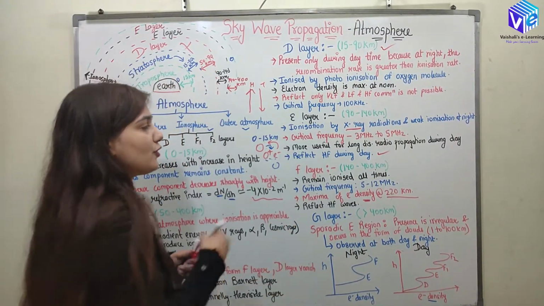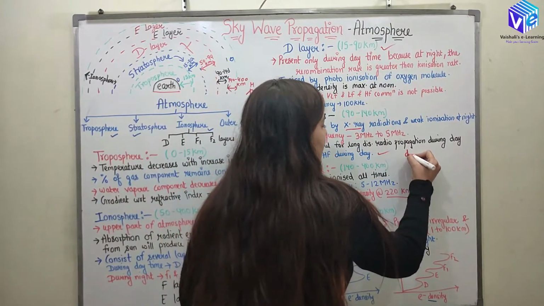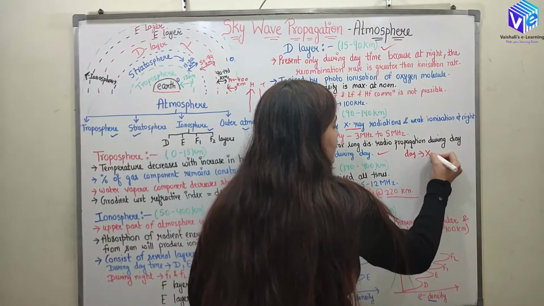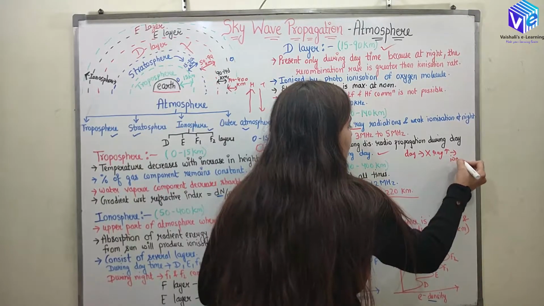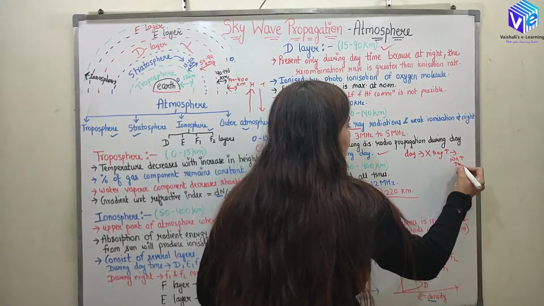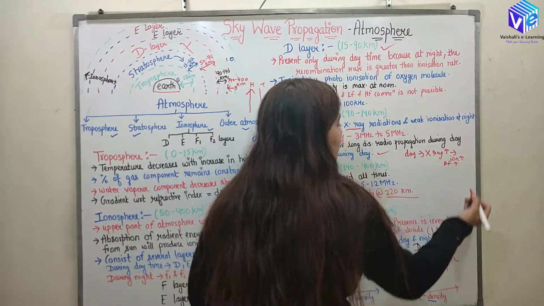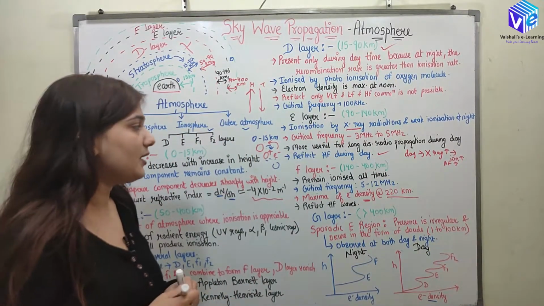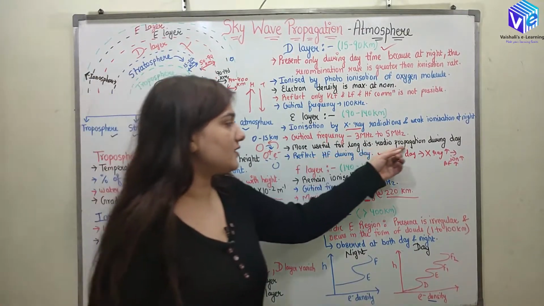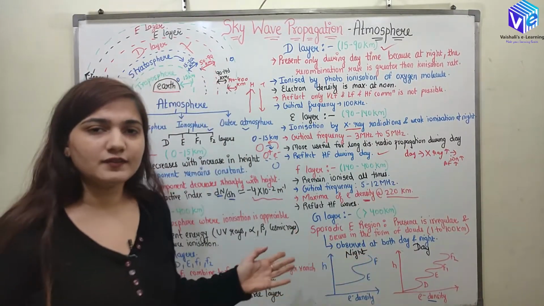So in the day X-rays increase, which means ions increase, which means reflection increases, which means high frequency communication can be done during the daytime. It is more useful for long distance radio propagation during the daytime.